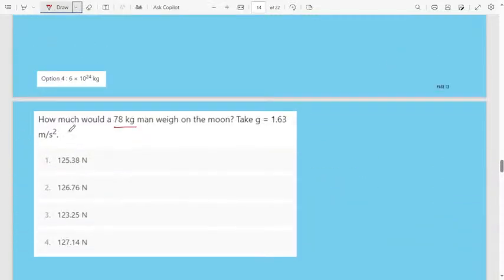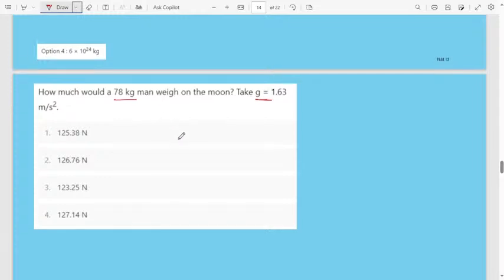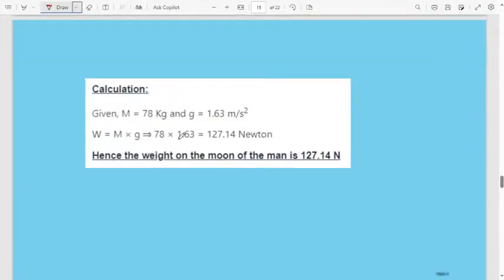They have given the g value and the mass, then W is M into g. Substitute, you will get the answer.